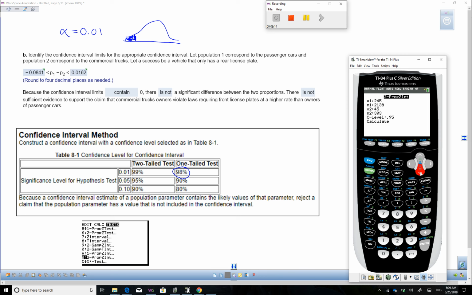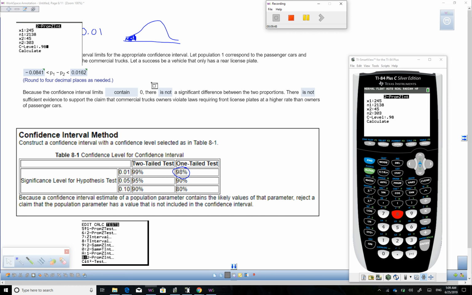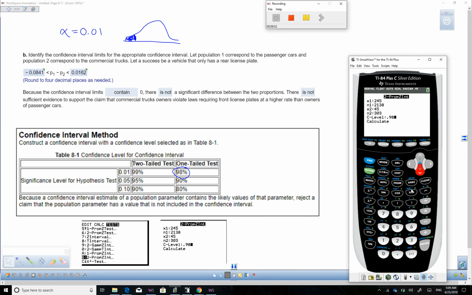We're supposed to use a 98% confidence level. Let me capture that again. This is the information you should have on the calculator. Highlight calculate and hit enter.